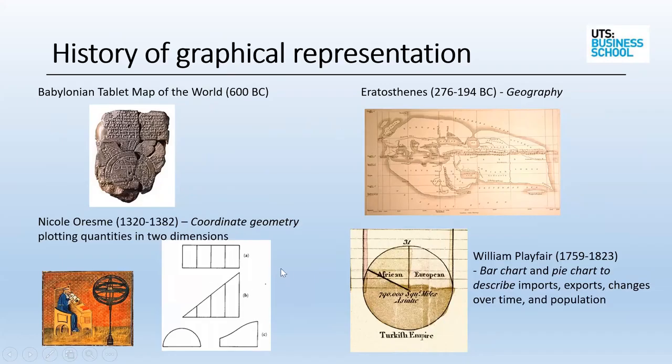That's pretty fascinating. Coordinate geometry came in the 1300s. And in the 1700s, William Playfair was using bar charts and pie charts to describe imports, exports and trade. It's very interesting to see how visual representation has been evolving over time.